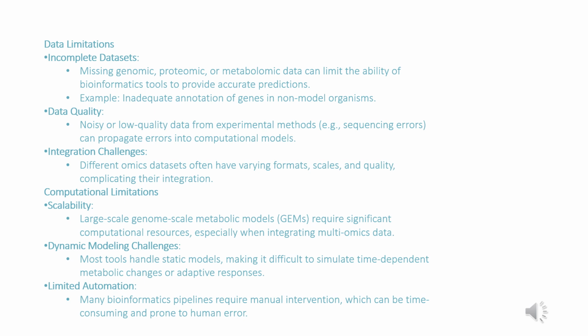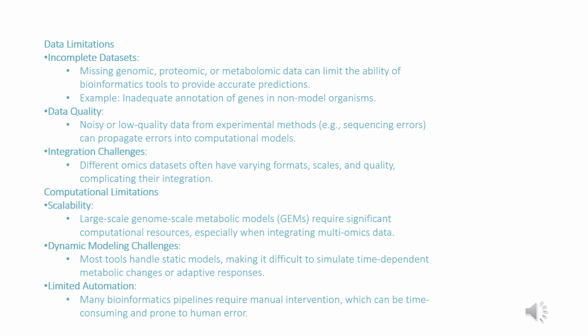The next one is data quality. Noise or low quality data from experimental methods such as sequencing errors can propagate errors into computational models. The next one is integration challenges. Different omic datasets often have varying formats, scales, and quality, ultimately complicating their integration.